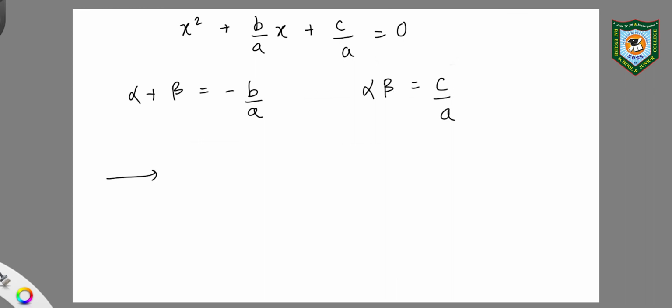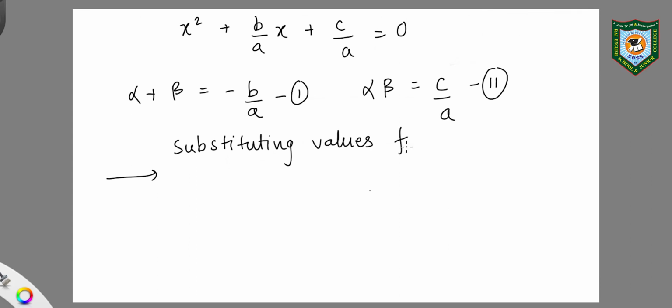Just substituting the values from 1 and 2, this gives me x square.